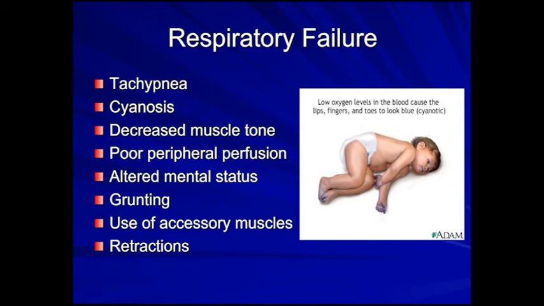Cyanosis would be a big indicator that we are unable to maintain oxygenation. Decreased muscle tone, so maybe a measure of flaccidity. Poor peripheral perfusion, again, that may be an indicator that we are peri-arrest. So that may be an extended capillary refill. That might be a slowing heart rate.